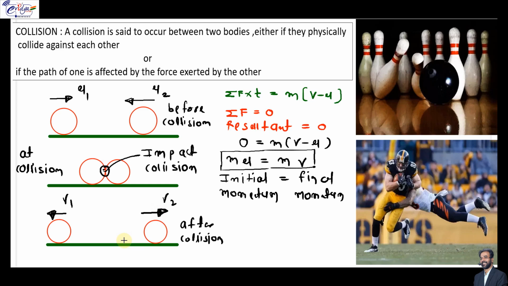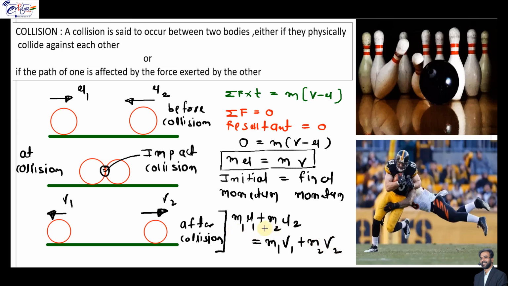These are called separation velocities, and u1, u2 are called approach velocities. If we apply initial momentum equals final momentum to this condition, we get m1u1 plus m2u2 is equal to m1v1 plus m2v2.